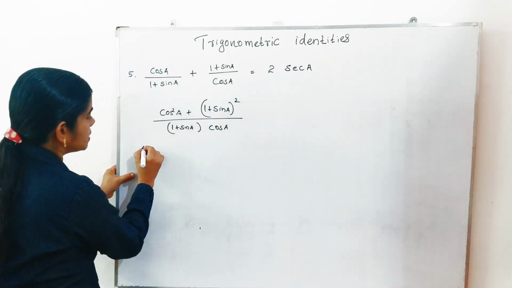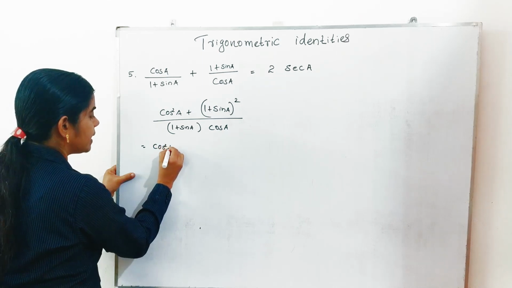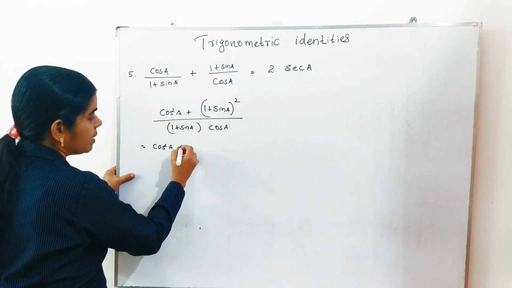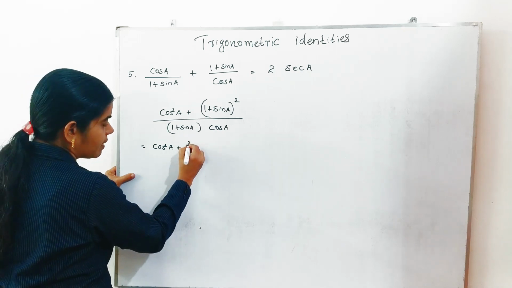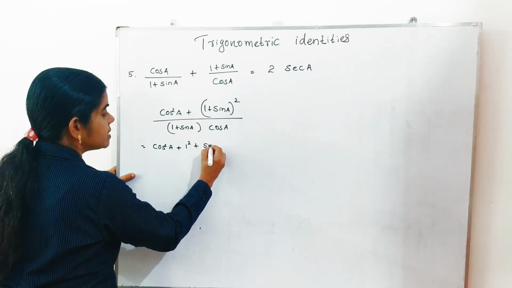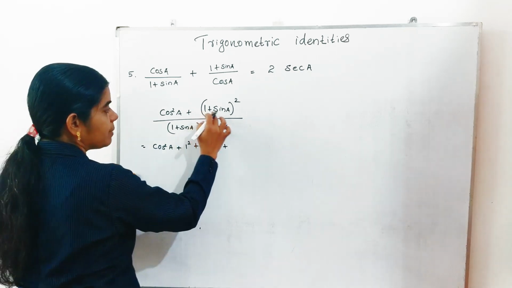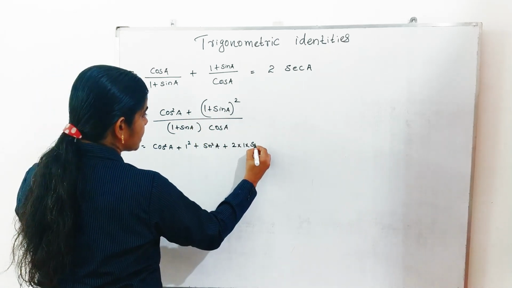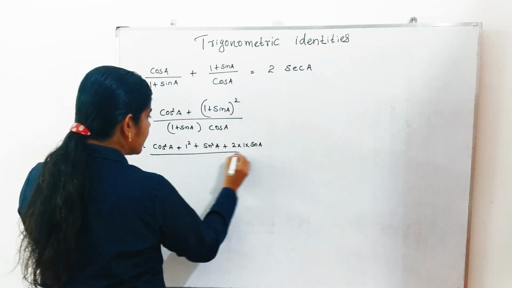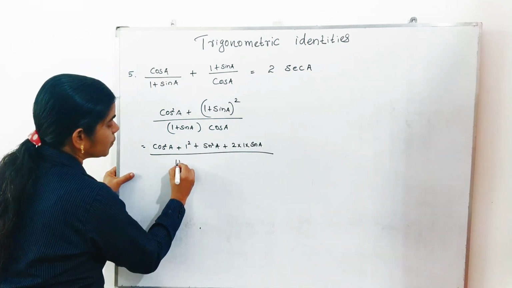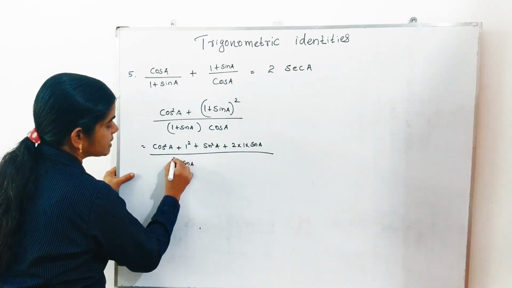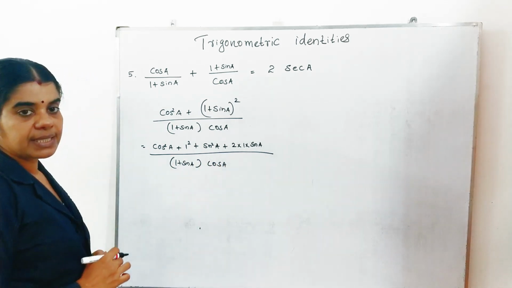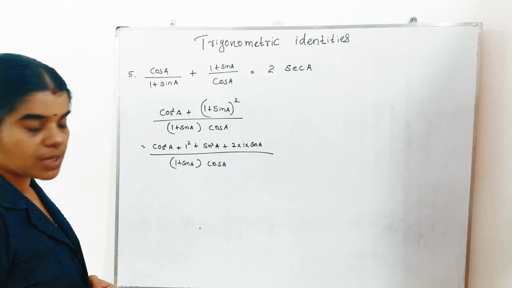Then this will be cos square A plus, and this is the A plus B whole square form. So A square will be 1 square, plus sin square A, plus 2AB, which means 2 into 1 into sin A, divided by the same, 1 plus sin A into cos A. You already studied that sin square A plus cos square A is equal to 1.